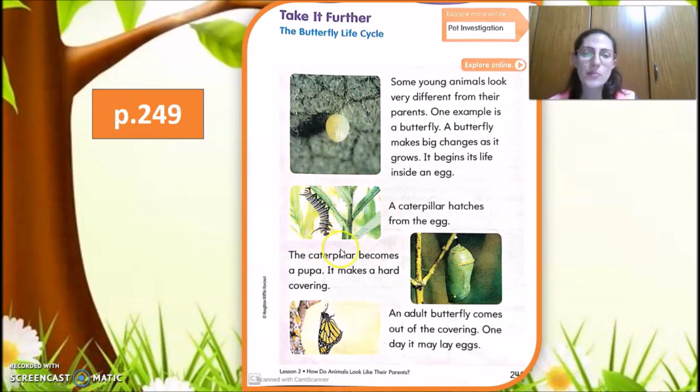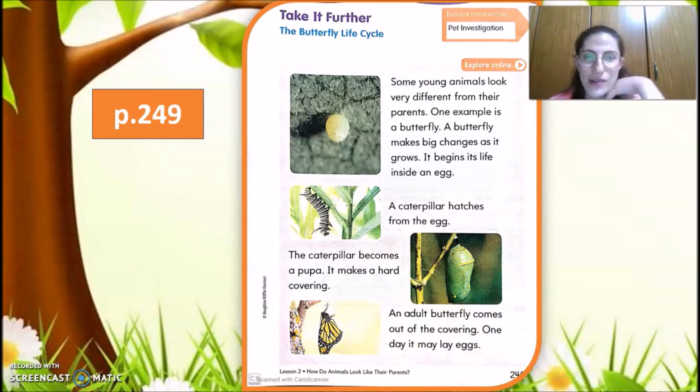And then this caterpillar eats a lot, and then goes to sleep and makes a hard covering around itself, and it becomes a pupa. So it changes into a pupa. After a certain time passes, okay, what happens? What will happen from this pupa? The adult butterfly will come out of the covering, and one day this butterfly will lay its own eggs.